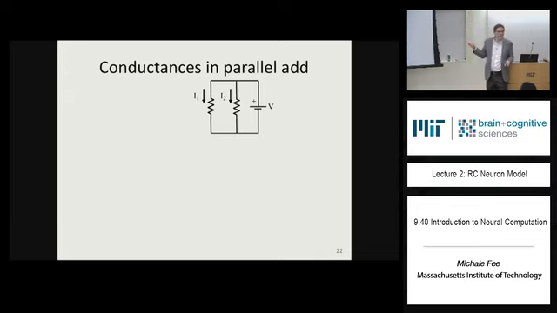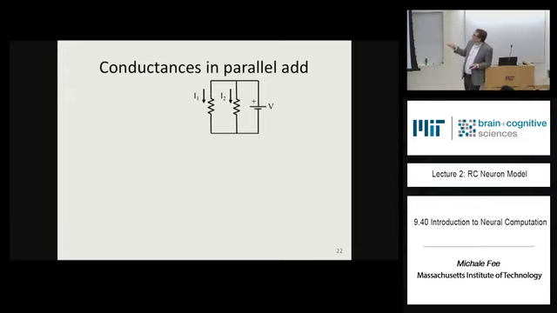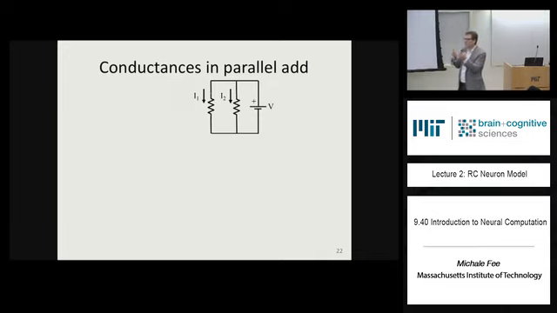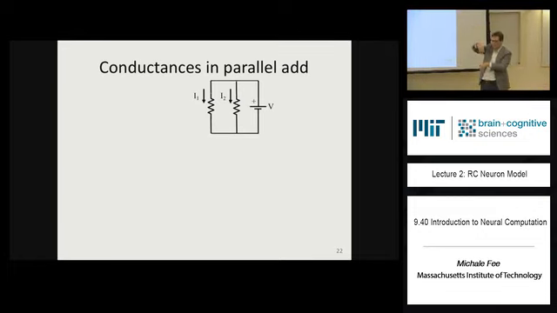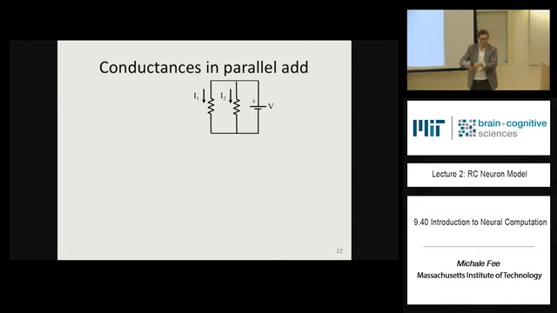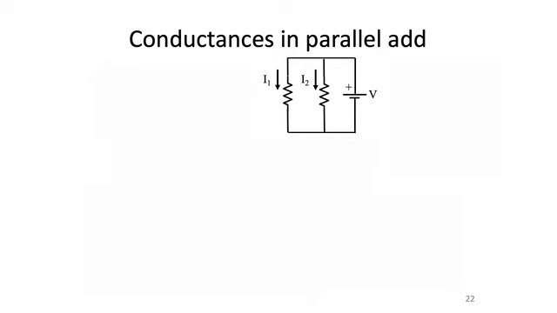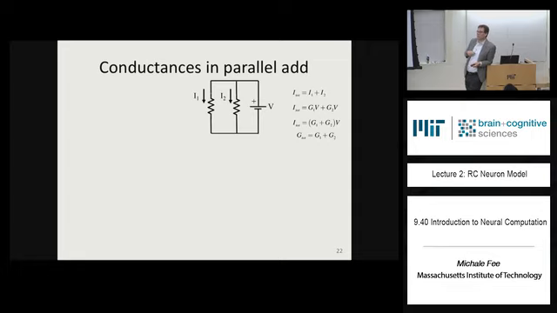If we have two ion channels in the membrane, they operate in parallel. Current flows through them separately. They're not in series, where it flows through one and then the other. They are in parallel, so current can flow through both. We can write down the current using Kirchhoff's law. The total current is just the sum of the currents through those two separate conductances.